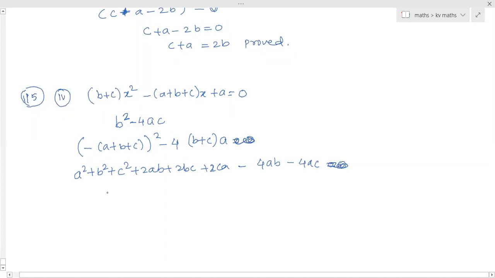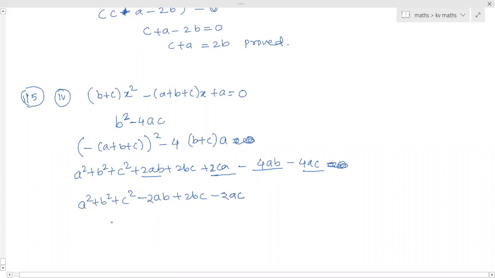Now here, 2AB minus 4AB will become minus 2AB, and this one also will become minus 2AC. So this will become A square plus B square plus C square minus 2AB plus 2BC minus 2AC.